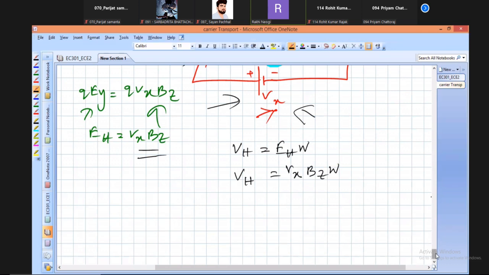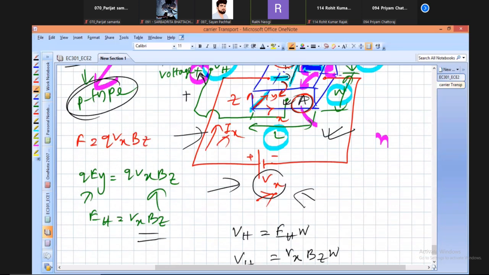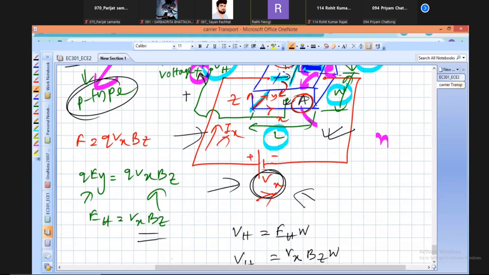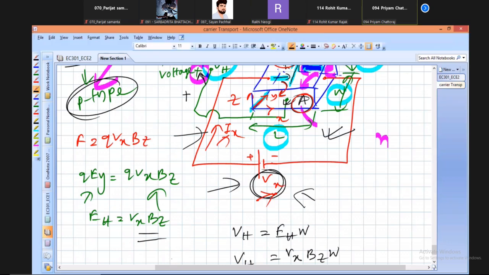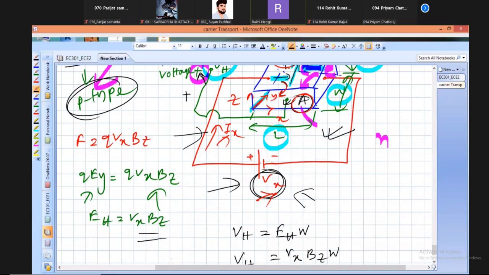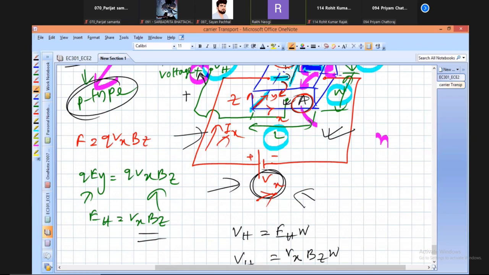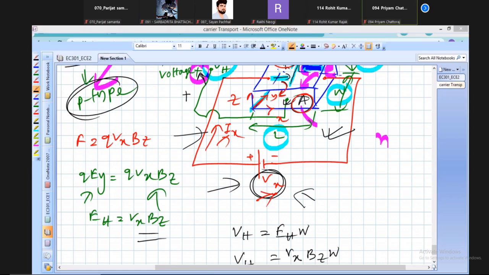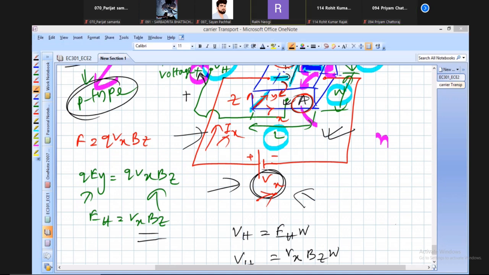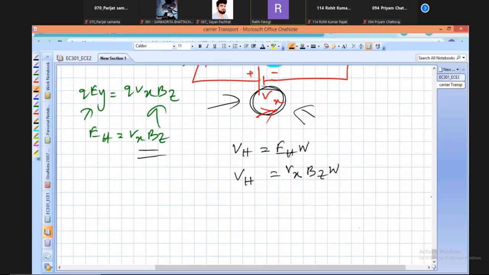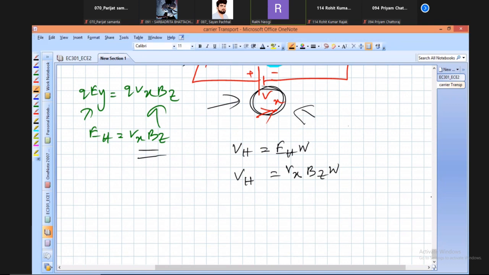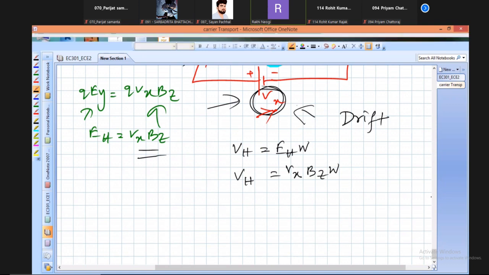Okay, now see that here I apply a voltage. This voltage is externally applied. I already informed you previously that whenever a semiconductor is subjected to an electric field, it experiences some force due to which the particles will move. This process is called drift. So here drift is present because of this.